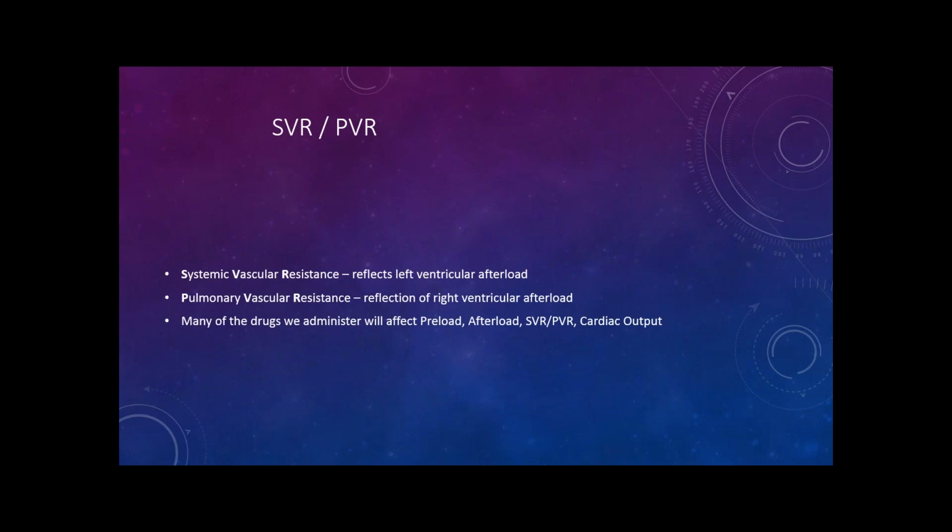Many of the medications that we are going to be administering to complex care patients are cardiotonic medications that will actually have direct effect on preload, afterload, SVR, PVR, and cardiac output. So we cannot treat these things if we do not know what normal is and what effect these drugs will have on them.